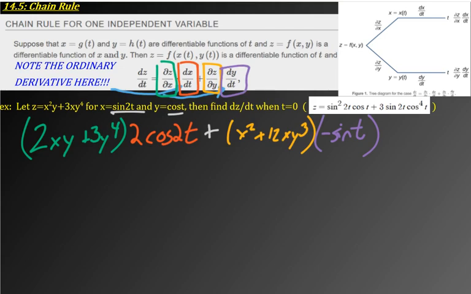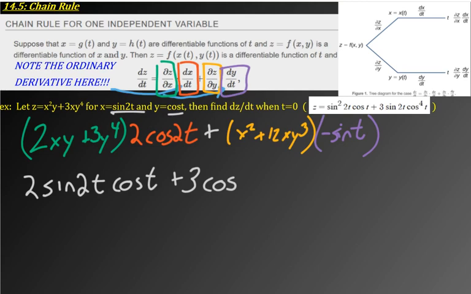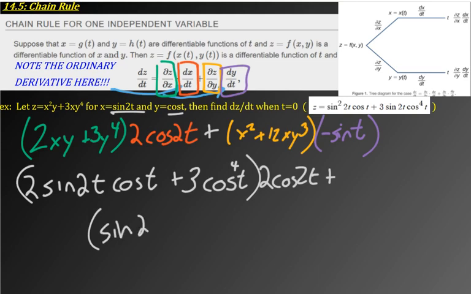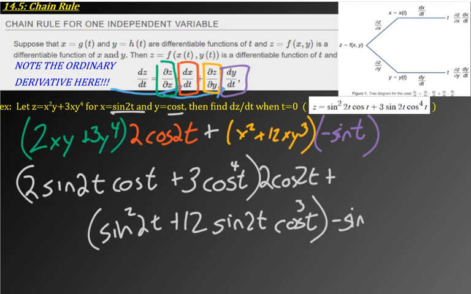So you can get your final answer just by doing 2 sine 2t cosine t plus 3 cos t to the 4th, and then all of that times 2 cos 2t, plus sine 2t squared plus 12 sine 2t cosine t cubed, and all of that times a negative sine t.